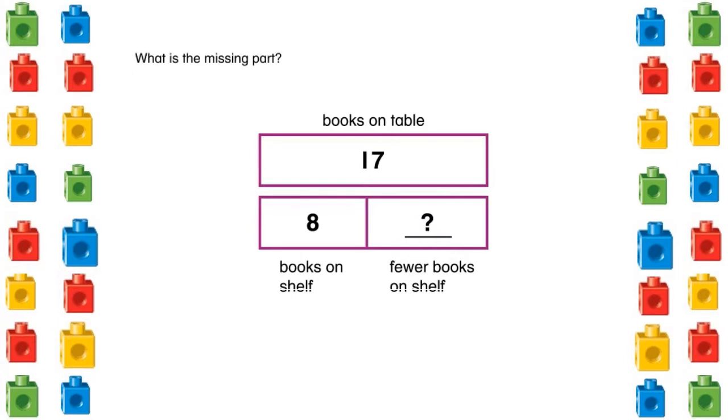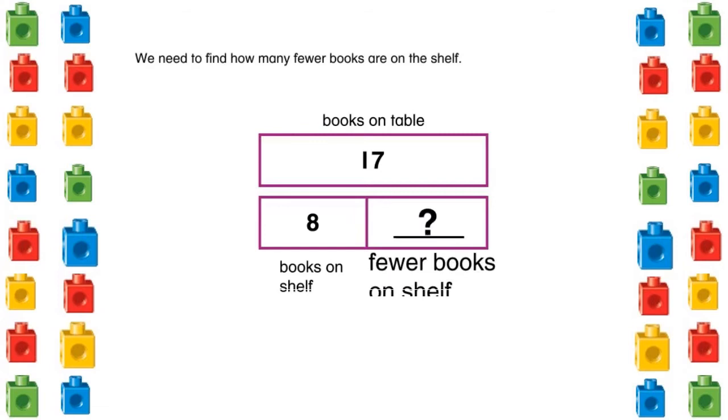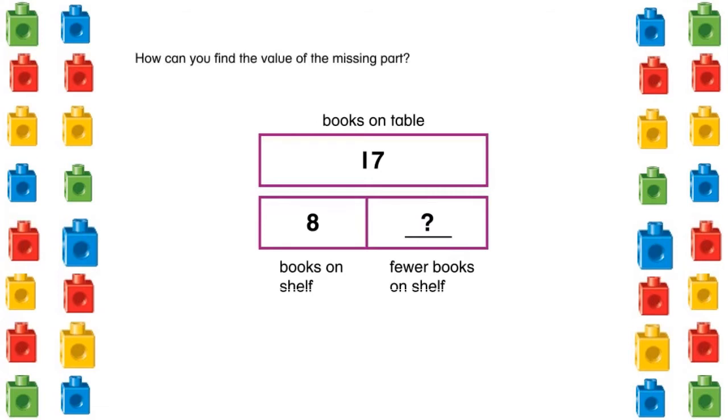Well, we want to know how many fewer books are on the shelf than on the table. We need to find how many fewer books are on the shelf. How can you find the value of the missing part? And remember our essential question. You can write an addition or subtraction equation for the problem.